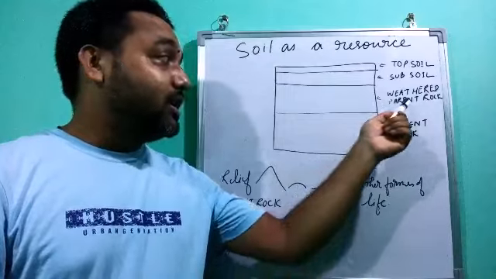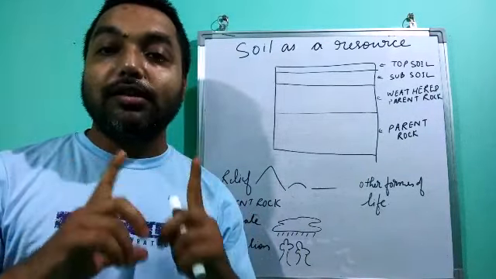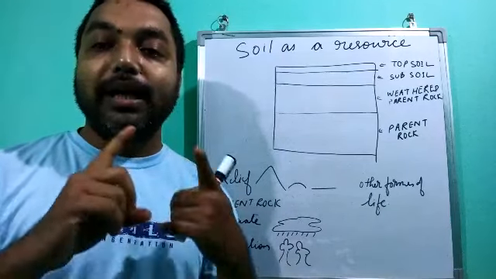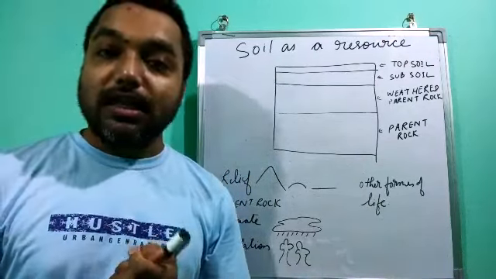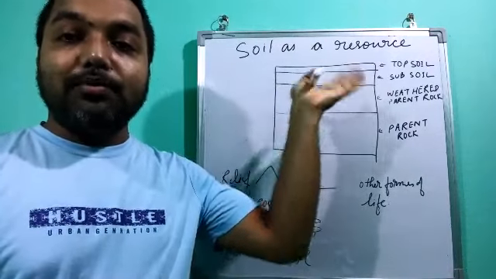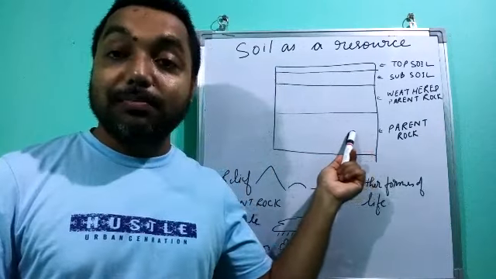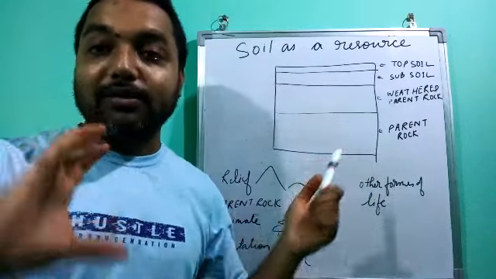Then below that is the weathered parent rock. It is the parent rock from where the soil first started. Then from there, when it is weathered, the upper portion is weathered parent rock. Then below, the base, is called bedrock or the main parent rock.